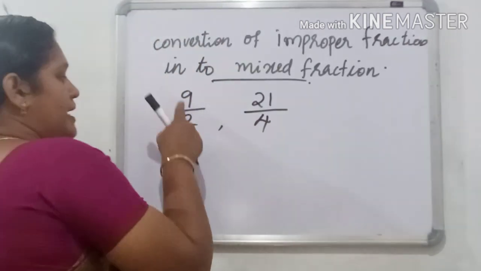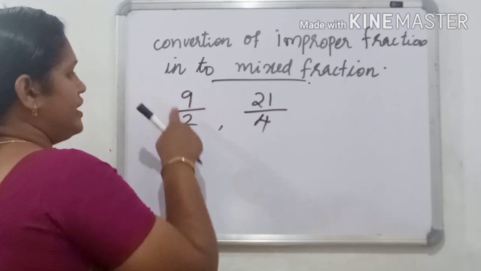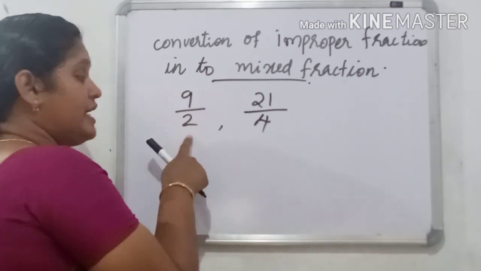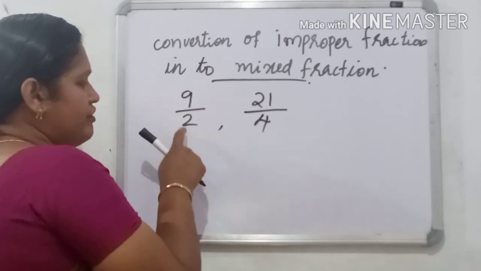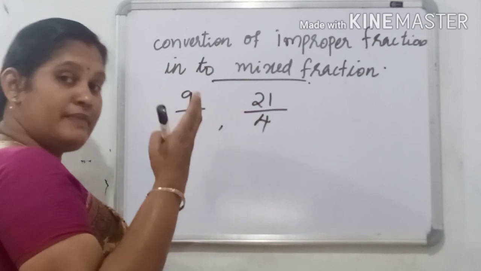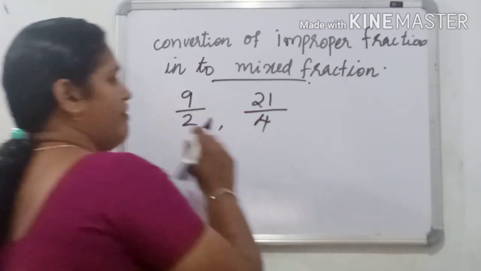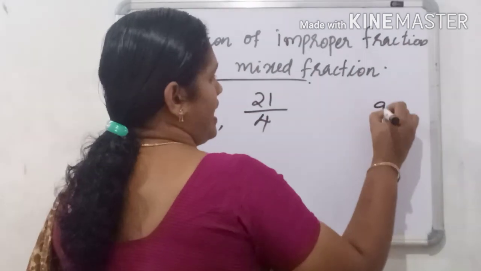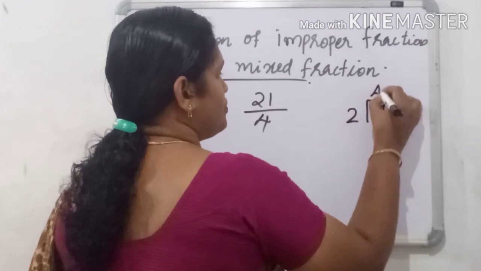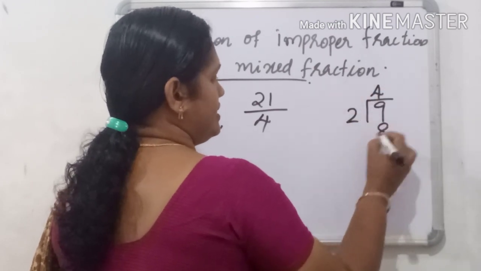Next, conversion of improper fraction into mixed fraction. This 9 by 2. Here, the numerator is greater than the denominator. So, this is an improper fraction. How do we convert this improper fraction into mixed fraction? We can divide this. 9 divided by 2. 4 2s are 8.